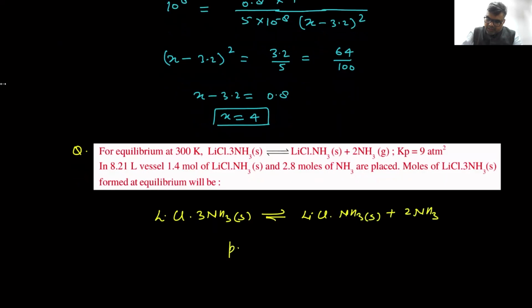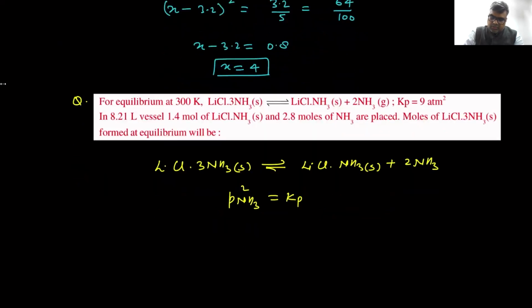So here I can write partial pressure of ammonia square will be equal to Kp. So at equilibrium, partial pressure of ammonia will be 3, because Kp is given as 9.